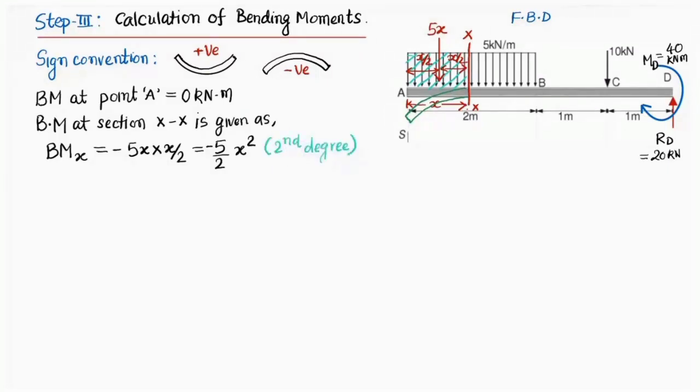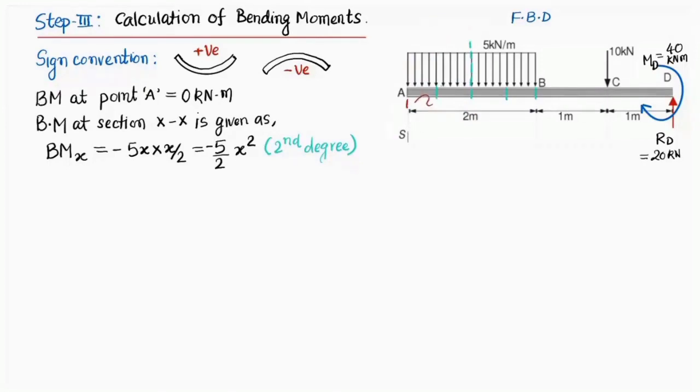Now we are aware that to represent any curve which is of second degree, we require at least 3 points. If I find bending moment at point A and point B, that is 2 points, I will not be able to get the proper distribution. So I should get at least 3 points. What we can do is divide this particular length AB into 4 equal parts, having 0.5 meter length each.